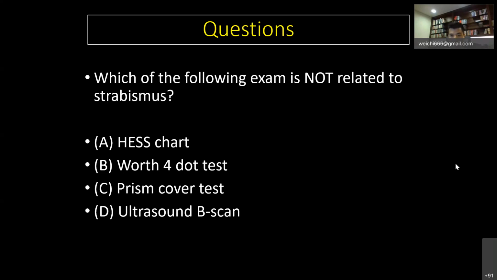Chong Vivian, is Chong Vivian here? I cannot hear you. You might need to unmute yourself. Okay. The correct answer is ultrasound. Ultrasound is used to examine the posterior pole of the eye, mainly the vitreous and the retina.